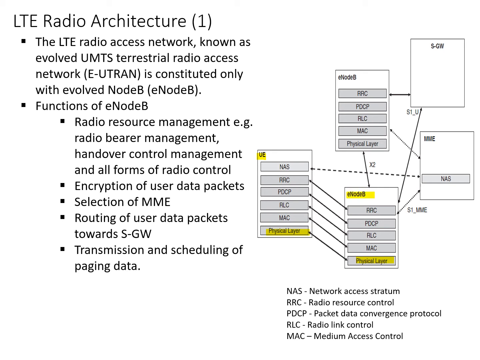This is E node B. And above the physical layer, there is a MAC layer. MAC layer is medium access control, similar to MAC in Ethernet. Above MAC, there is RLC. RLC controls the radio link.